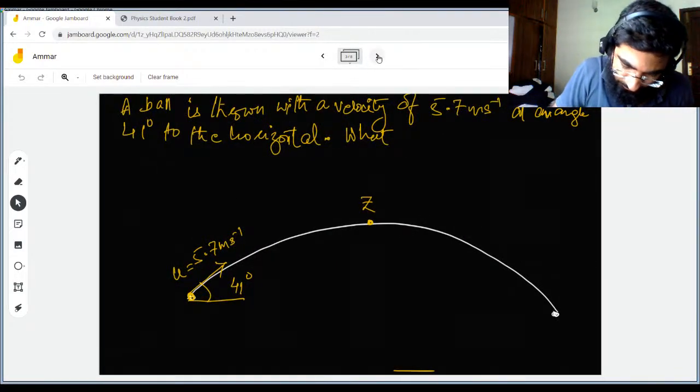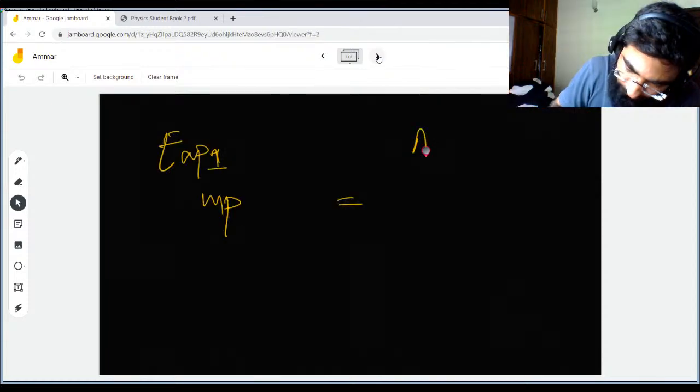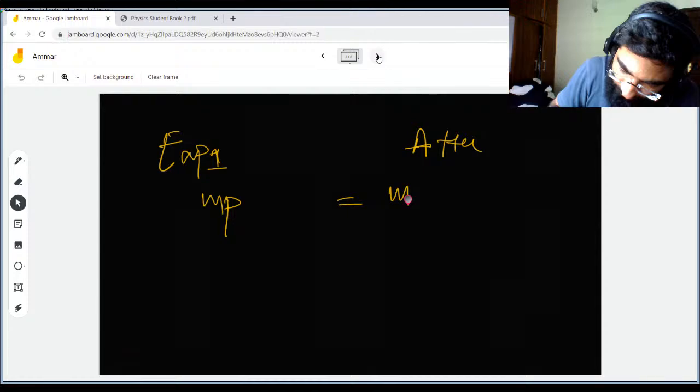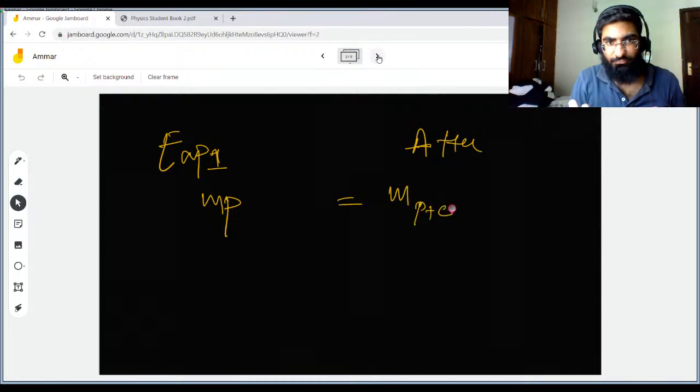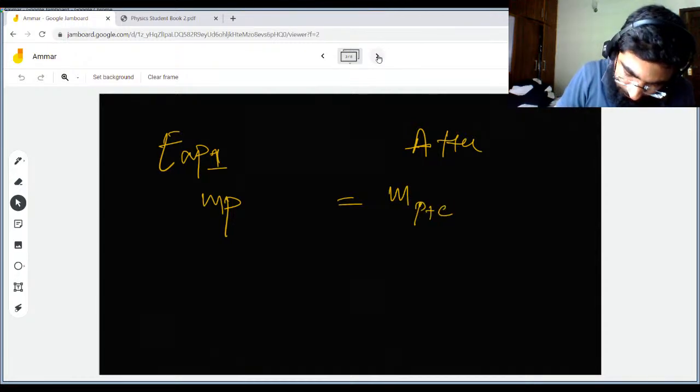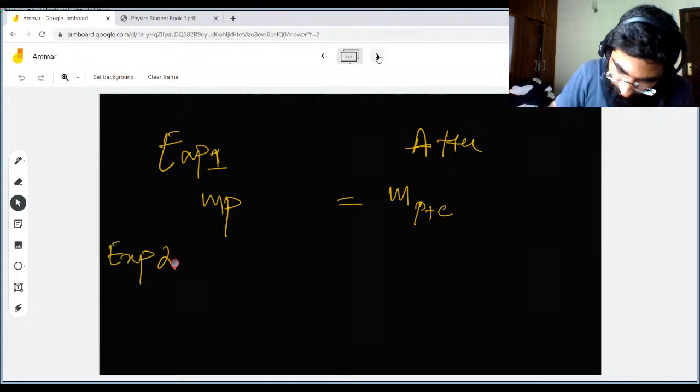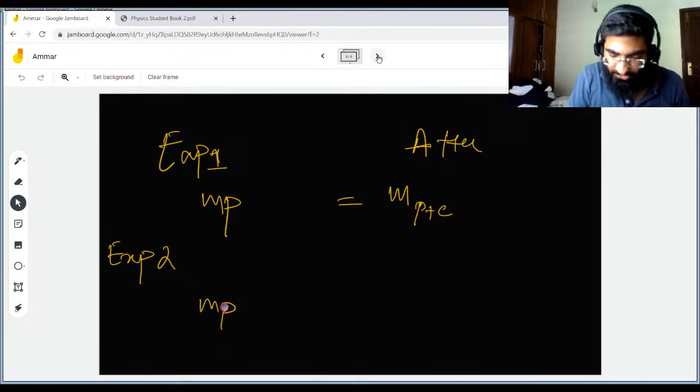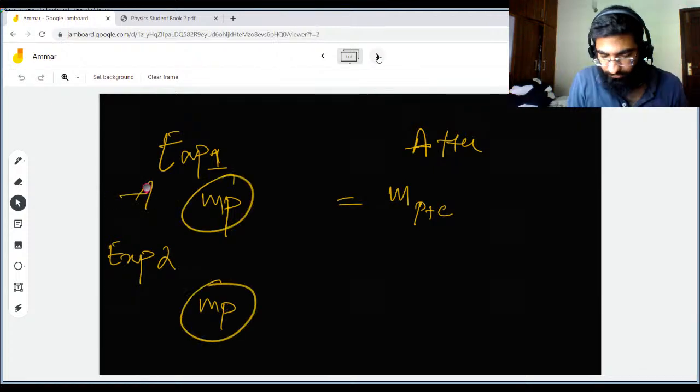Slide 3. There is the momentum of pellet plus car. Agreed? Experiment 2: there is just the momentum of the pellet before collision, the same value as in the first experiment.